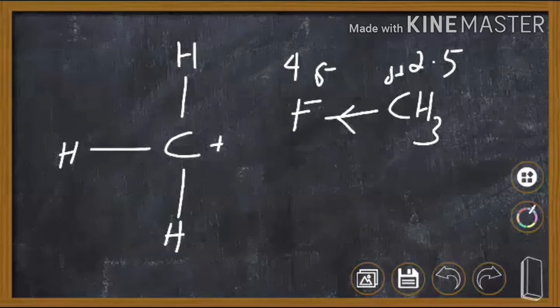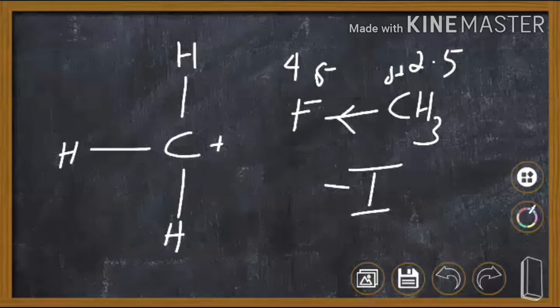So this is one example for minus I effect. Why? Because the electron density is moved from this carbon center to this species, moving away from the carbon center towards the species. That's why it is called the minus I effect.